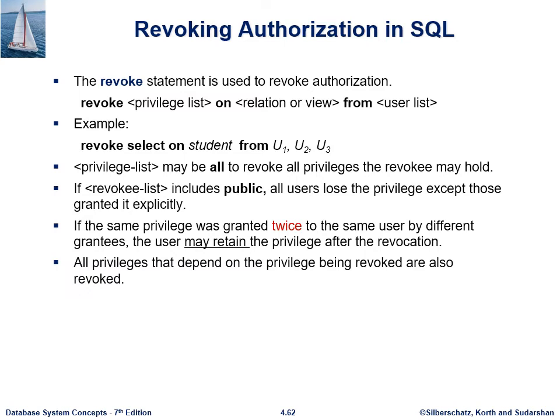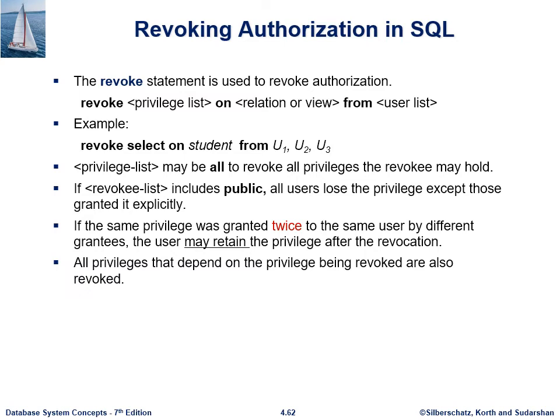If the revoking user list includes public, that means we want to revoke some privilege on some table or views from public, which means all the people. That means all users will lose the privilege except those granted explicitly.